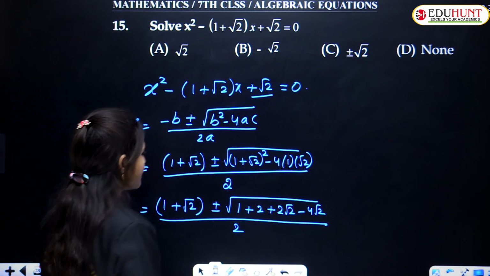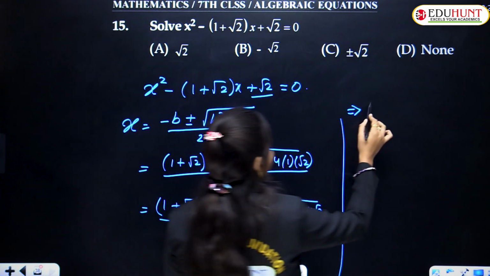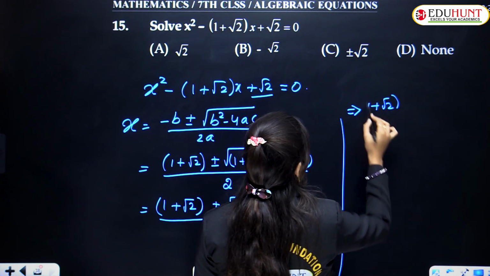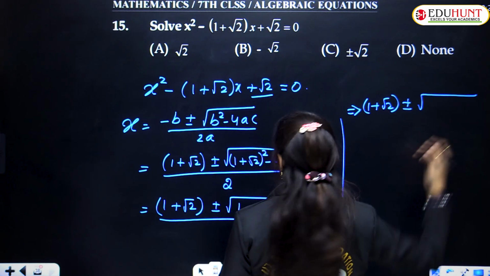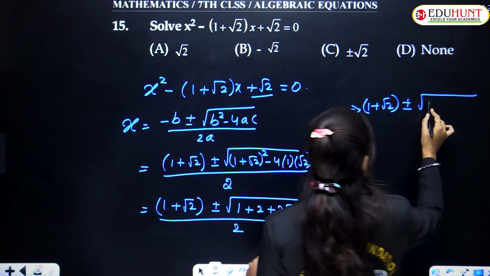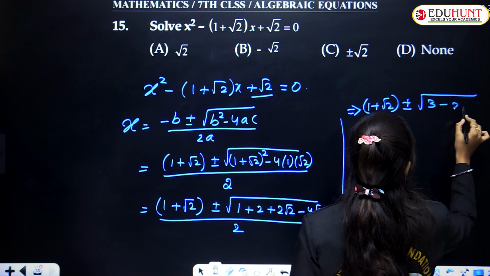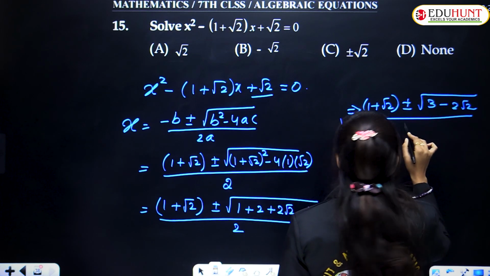Okay. So, from this one, which equals 1 plus root 2 plus or minus square root of, here 1 plus 2 is 3, minus, here 2 root 2 minus 4 root 2, which equals minus 2 root 2, whole by 2.